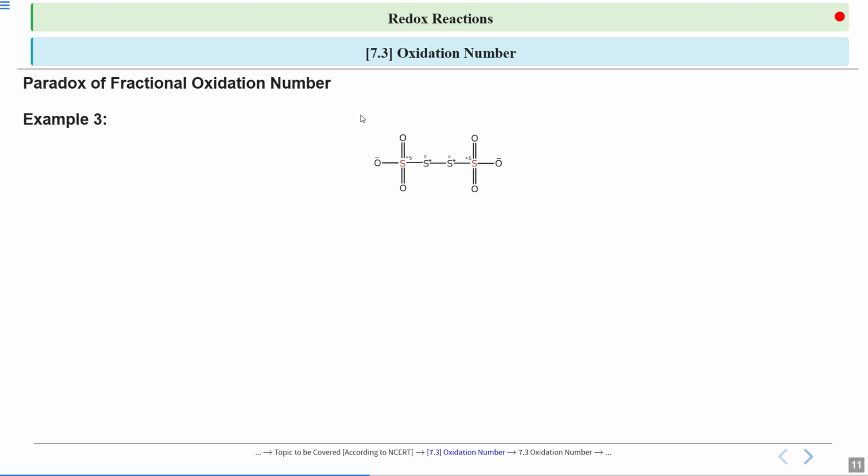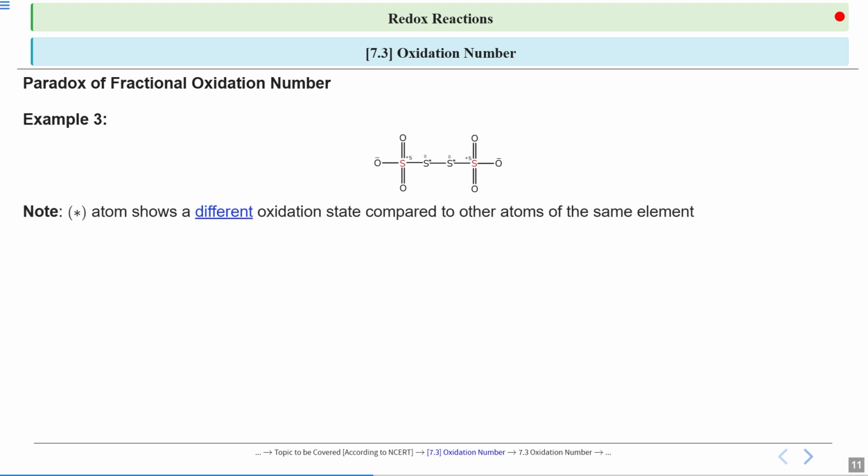So it is S4O6 2 negative. In this compound, again, you will find that the average is different from reality, in the same manner. The atoms marked with a star show the different oxidation state.